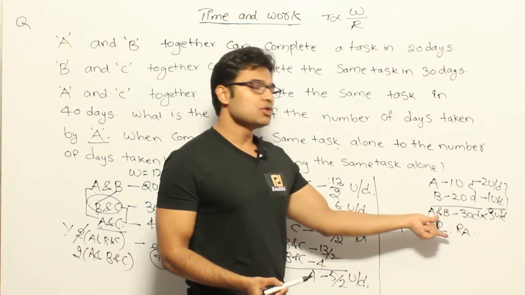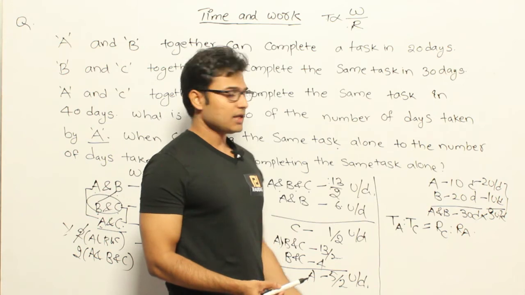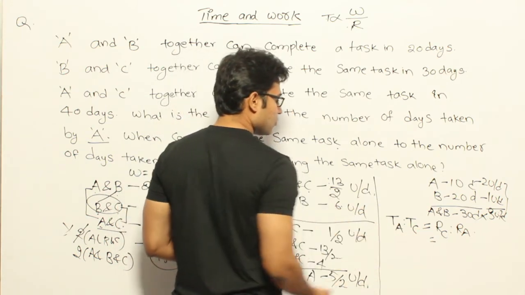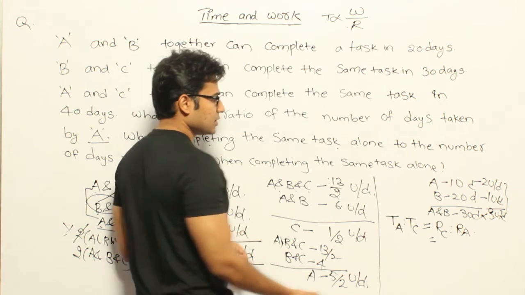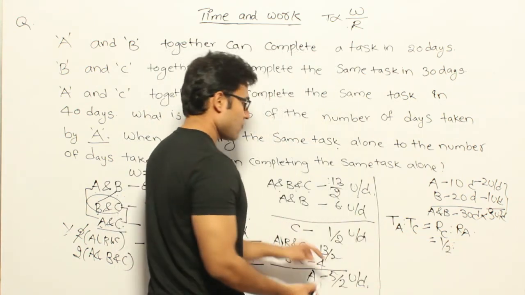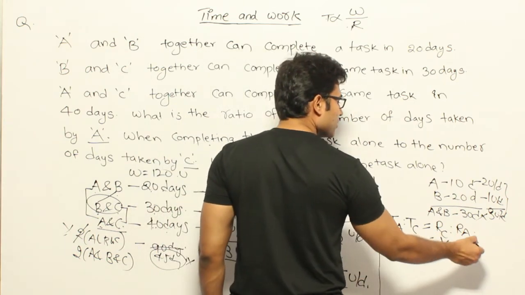The more speed you have, the less time you take, isn't it? So that way if you solve it, it is going to be RC is to RA. So what is RC? 1 by 2 is to RA is 5 by 2. Rate of A is 5 by 2, isn't it? So it is going to be 1 is to 5.